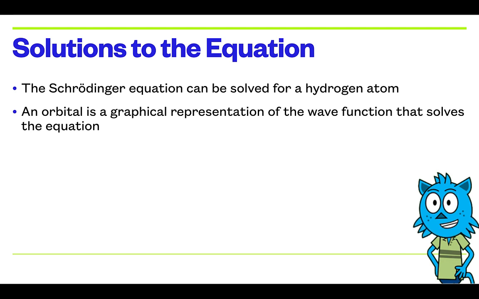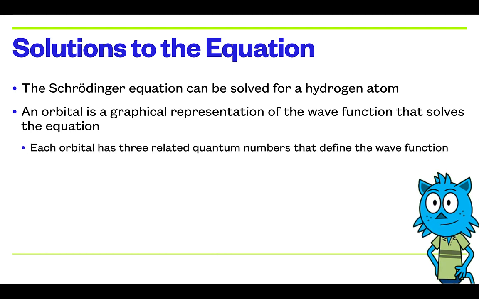Now, we mentioned that the orbital is a probability density map of where to find an electron, but what it also then represents is a graphical representation of that wave function that solves the equation, and that gives us something to visualize, which becomes very nice. Now, when we're solving that equation, what we find is each of those orbitals has three related quantum numbers that define the wave function.